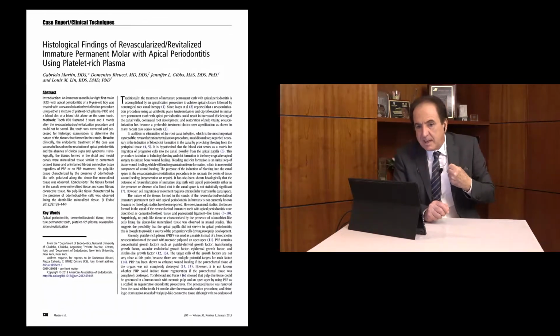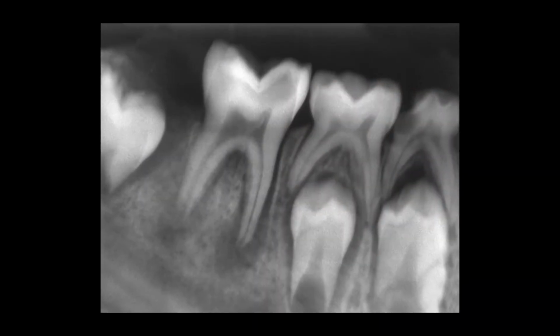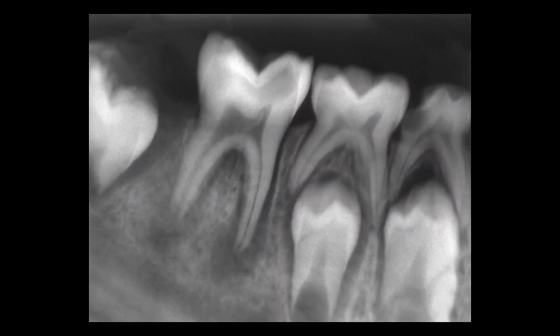Okay? And for many years, we were used to think that doing this, inducing bleeding to attract the undifferentiated cell, would cause differentiation into new odontoblast, which would form new tubular dentin.